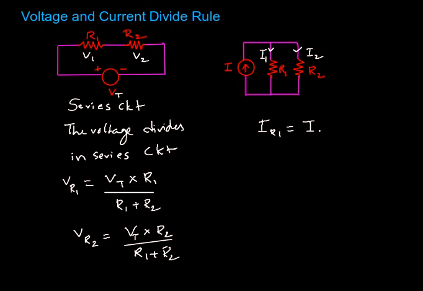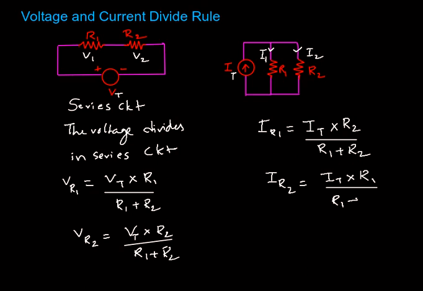We multiply the total current IT into the opposite resistor R2 by R1 plus R2. And if you want to find the current at R2, then IT into R1 by R1 plus R2.